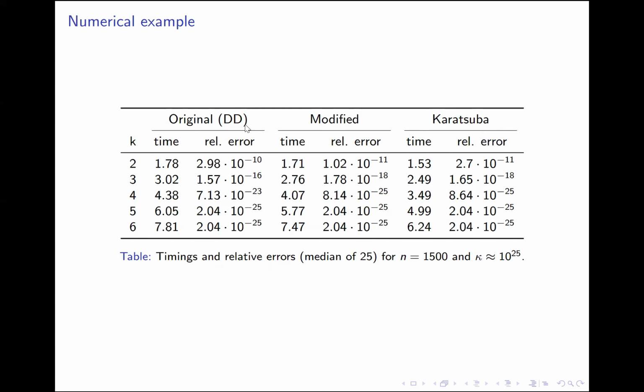DD stands for double-double, so we use double word arithmetic for the final summation to make it a more or less fair comparison to the others. And the modified approach is still the Ozaki scheme, but with our modifications. We see also a gain in precision, which is not extremely large, but at least we see that there is a gain. And particularly nice is the gain in computational speed due to the application of the Karatsuba approach.